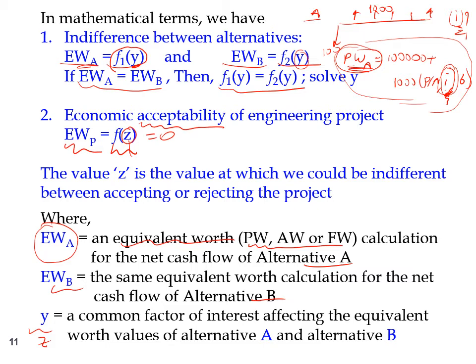I mean, which factor we are interested in. In this example, it is the interest rate. In another example, it can be the number of periods. In another example, it can be the annual revenues. Okay.